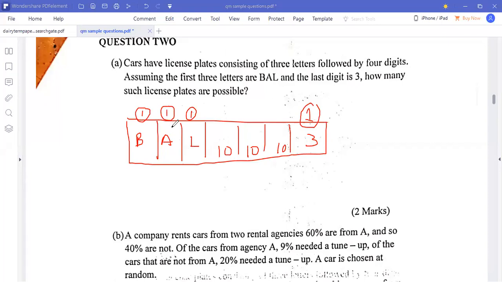In this case, you've been given that BAL should be the first 3 letters. You can't put any other letter there. So it's limited to 1 letter, 1 letter, 1 letter. And the last digit must be a 3. It's limited to 1 number. But here you can put in numbers 0, 1, 2, 3, up to 9.